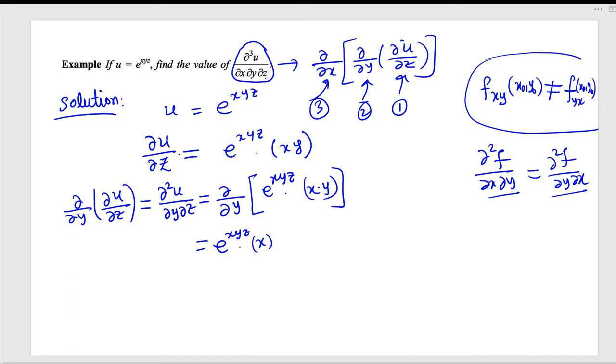So that is why this order is very important: in which order we are differentiating.